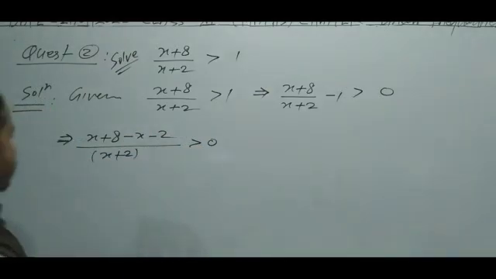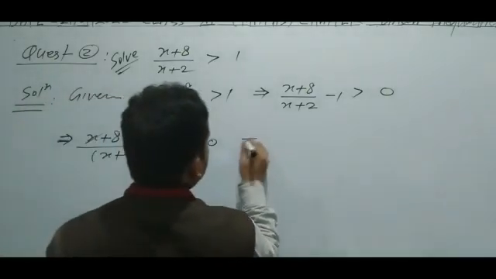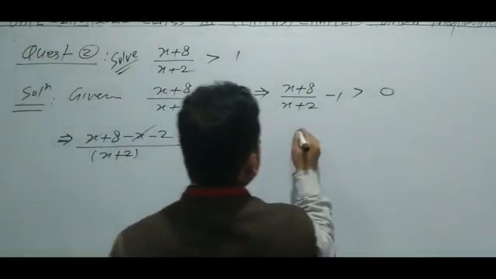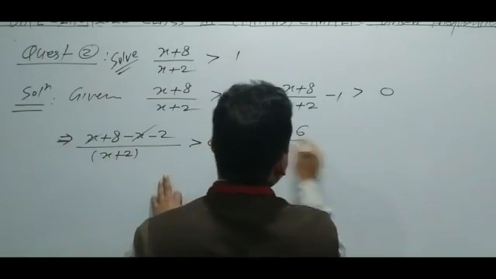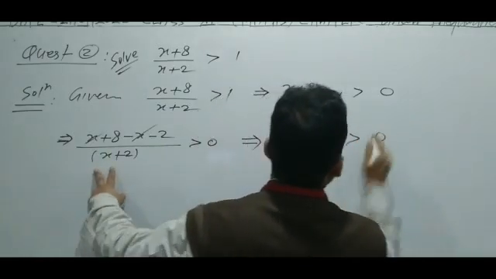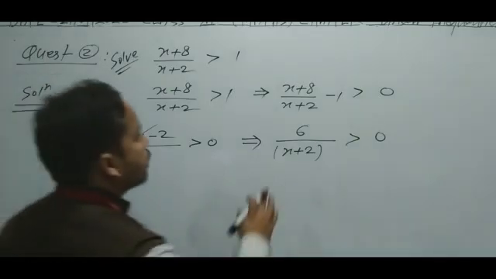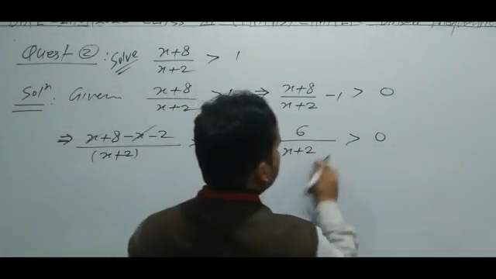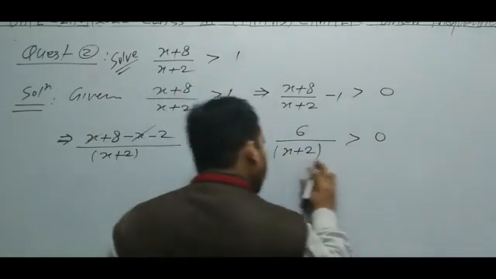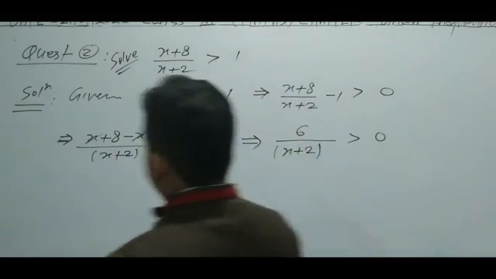Now the x minus x terms cancel, and the result is 8 minus 2, 6, whole upon x plus 2 greater than 0. Now see, 6 is a number which is greater than 0, so this should also be greater than 0, so the whole result is greater than 0.